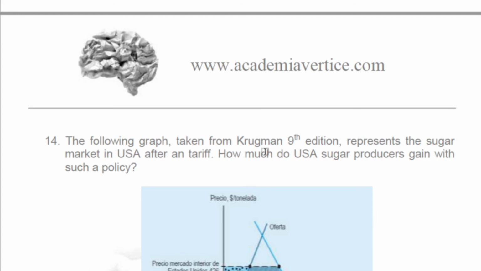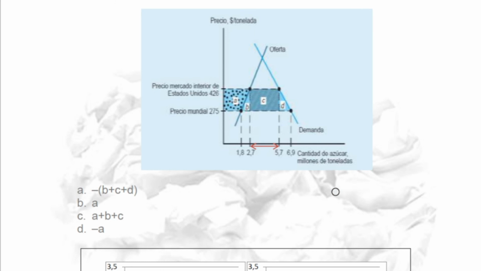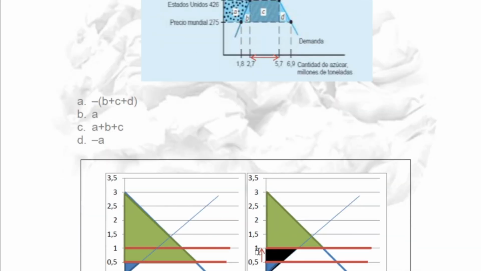Okay, let's make a little break and we continue with question. Oh no, let's do also question 14. The following graph, taken from Krugman 9th edition, represents the sugar market in USA after a tariff. Be careful, a tariff. How much do USA sugar producers gain with such a policy? Well, they have the same situation as before, so they gain A. The graph is the same.